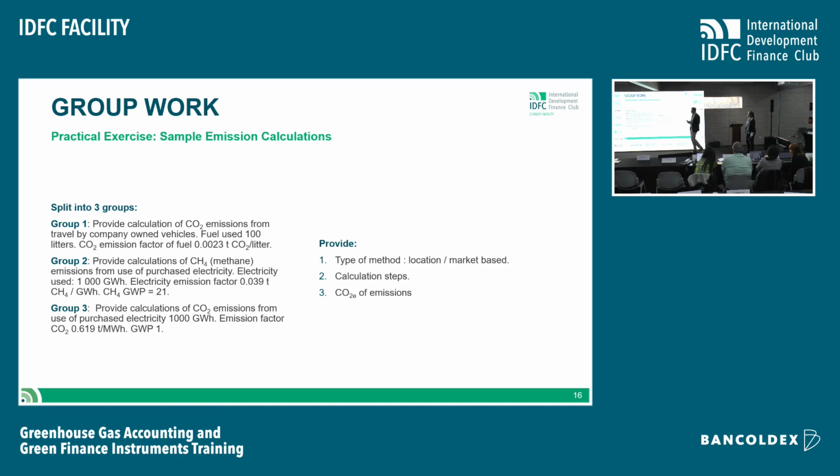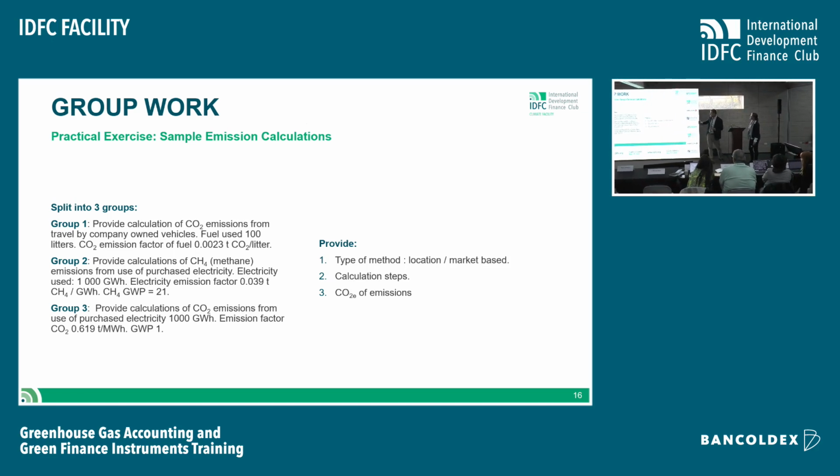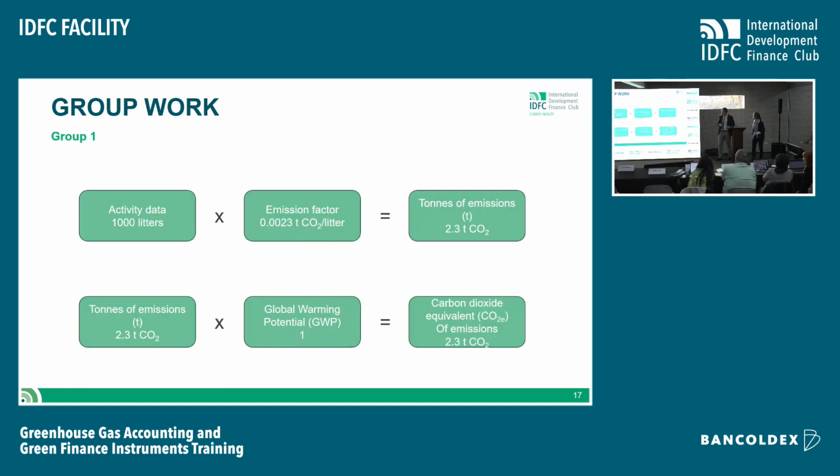So we have 100 liters, and we have the emission factor in tons of CO2 per liter, times 0.0023. So of course the teacher made a mistake, and the proper answer is 0.23.